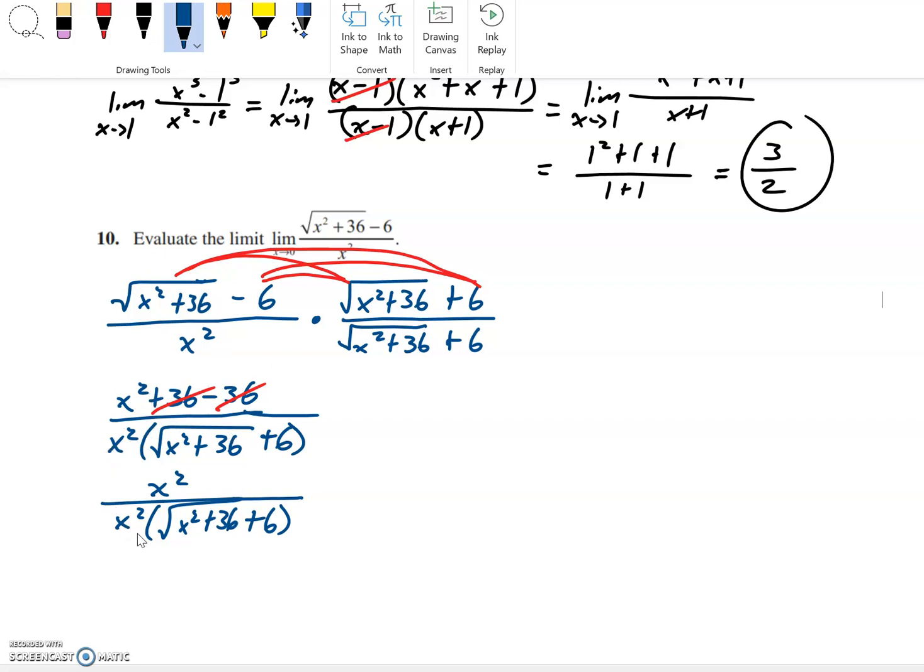Take the extra minute. Just write it out. It doesn't hurt to write those extra steps, right? So I'm going to cancel the x squared terms. And then remember that on the top, this is like x squared times 1. You're not going to have 0. You're going to have a 1 up there. And then we're left with the square root of x squared plus 36 plus 6.